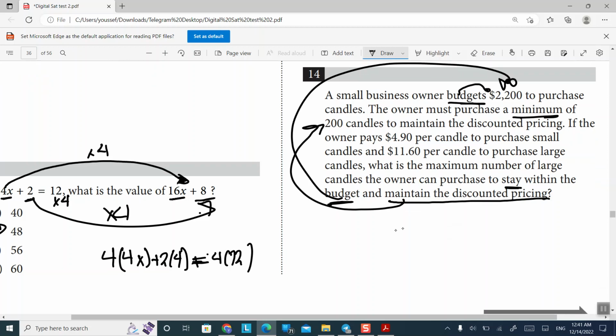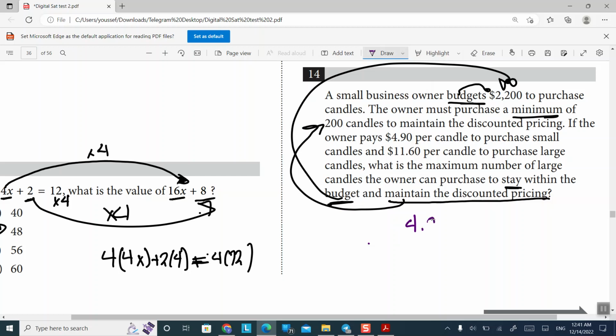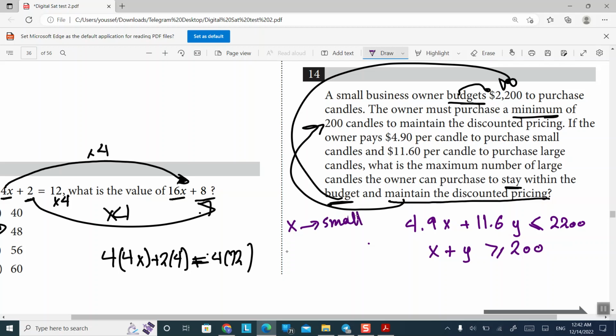So we can write a system of equations: 4.9x plus 11.6y is less than or equal to 2,200, and x plus y is greater than or equal to 200 candles, where x is for small candles and y is for large candles.